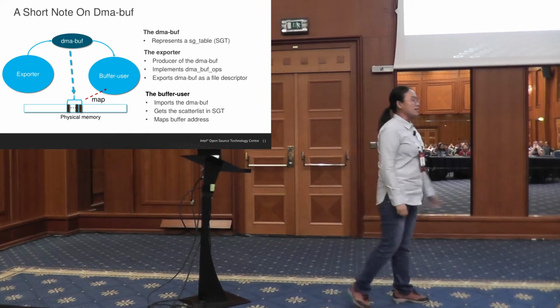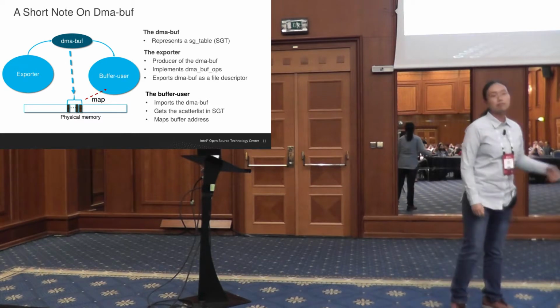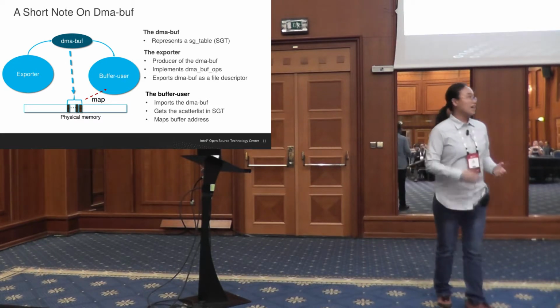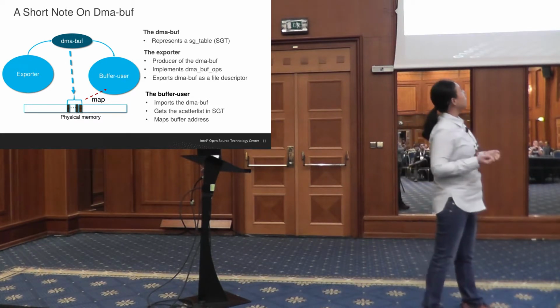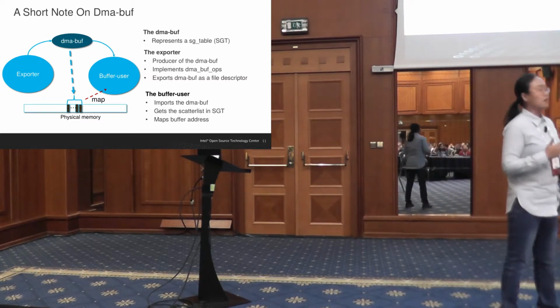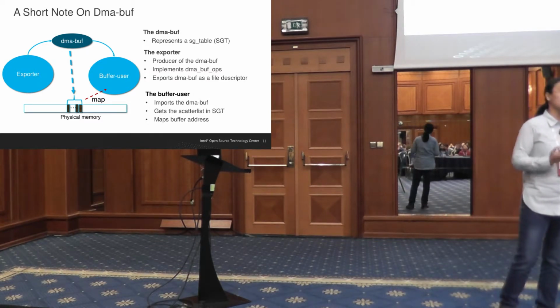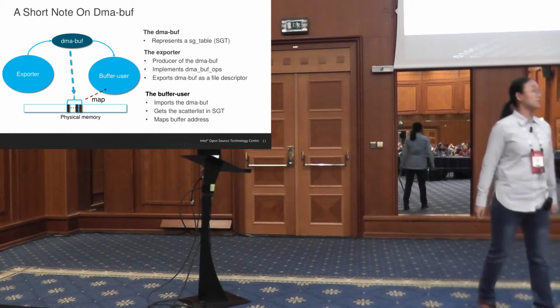If we only consider the simple use case, the buffer exporter is usually a buffer producer. It needs to implement all the DMA-BUF operations and expose the DMA-BUF as a file descriptor to user space, which can be sent over Unix domain sockets to be shared between applications.